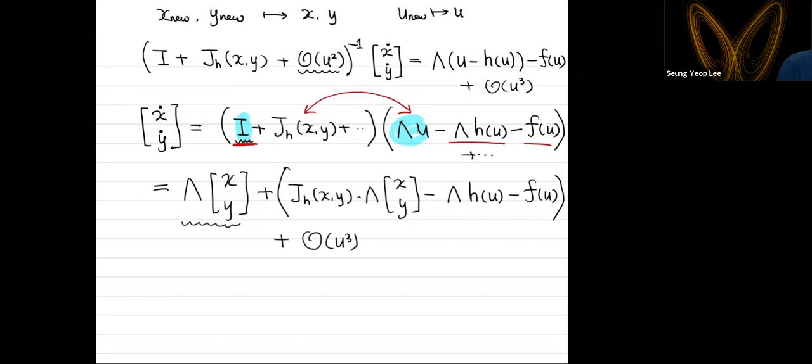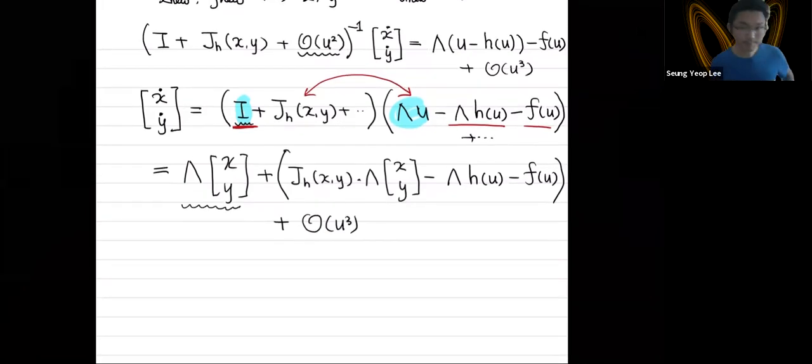At this point, let me check whether the calculation is correct. Let me rewrite this part explicitly in component form.